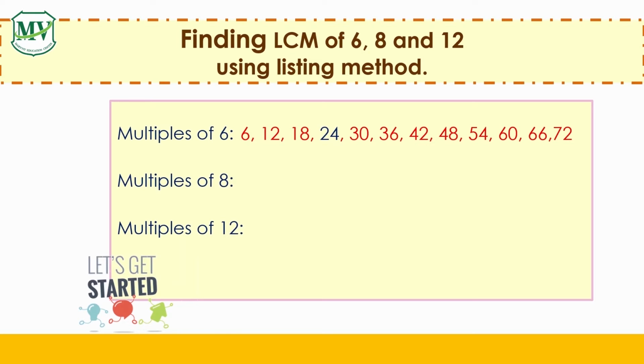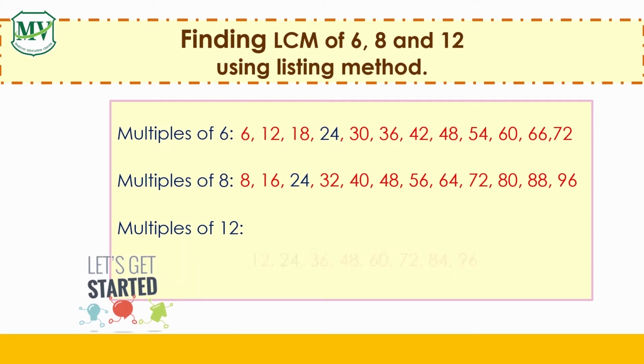Next, let's write the multiples of 8. It's 8, 16, 24, 32, 40, 48, 56, 64, 72, 80, 88, and 96. Let's move on to the multiples of 12. What are the multiples of 12?